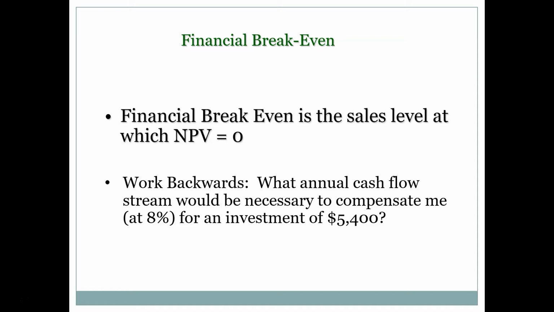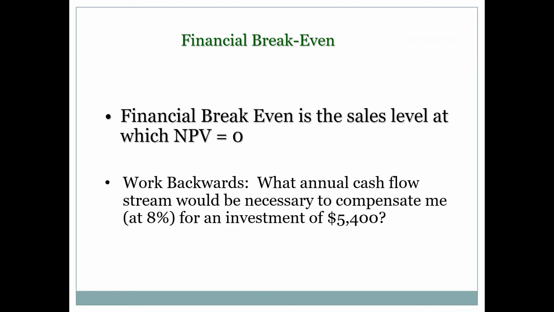Or you can think a little more critically, and realize that we can use some math tools we've already learned to work our way backwards into this amount. First, remember what net present value is. Net present value is the sum of the present values of the cash flows minus the cost.